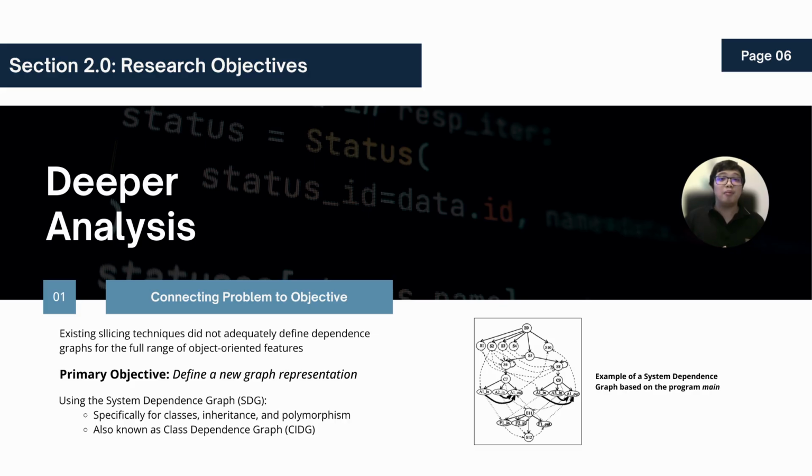While they built upon the standard system dependence graph, the specific contribution is something called the class dependence graph, or CLDG. Think of the CLDG as a modular building block. It's a specialized graph designed to model a single class, capturing all of its dependencies in isolation without needing to know the calling environment. This modular approach allowed them to tackle those 2 practical objectives that I've mentioned earlier.